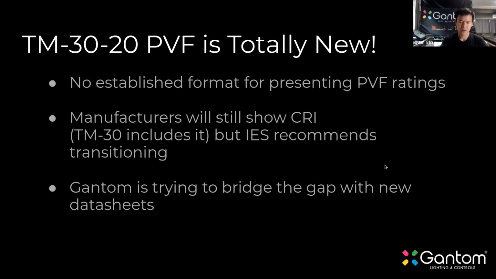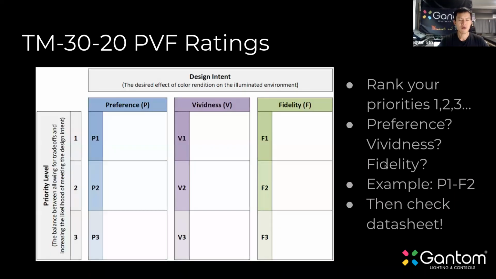So Gantom, our company, we are trying to bridge that gap with our new data sheets, in that we do provide you the full TM-30 report, so you can check it out on your own. However, we're also going to feed you the PVF ratings directly on the data sheet, so you don't necessarily have to dive into the detailed numbers.